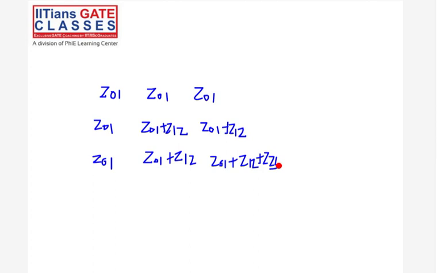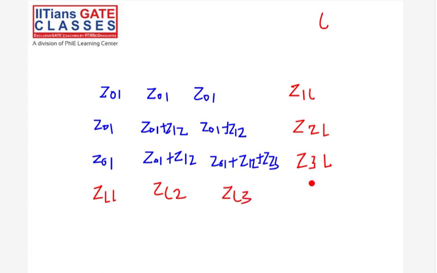So then we are going to create a temporary bus called L. So this would be set 1L, set 2L, set 3L, and set L1, set L2, set L3, and set LL.